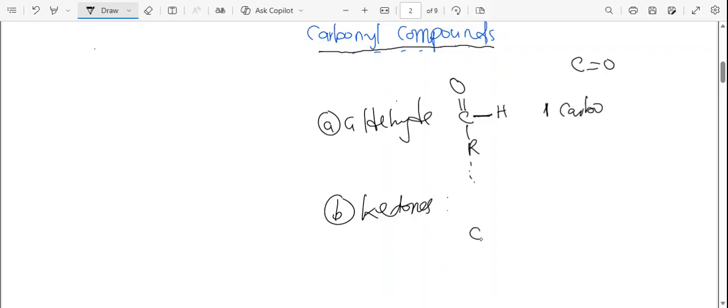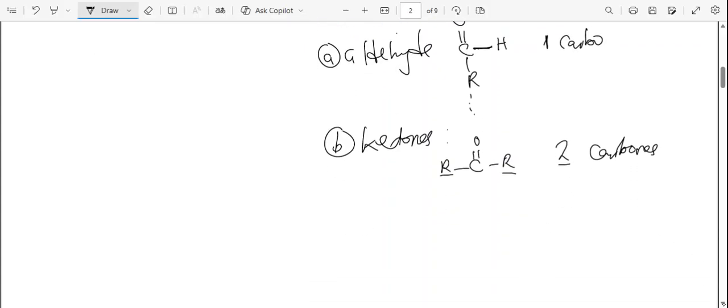So if I talk about carbon bonded to oxygen, there must be other alkyls, the other carbons bonded on either side, so that the carbonyl is in the middle. That's what we call a ketone. So it possesses two carbons to start, just like alkenes. Alkenes also start at two. That is it.